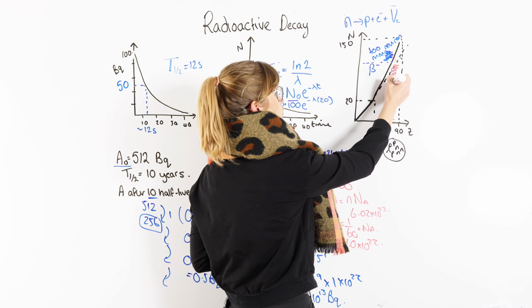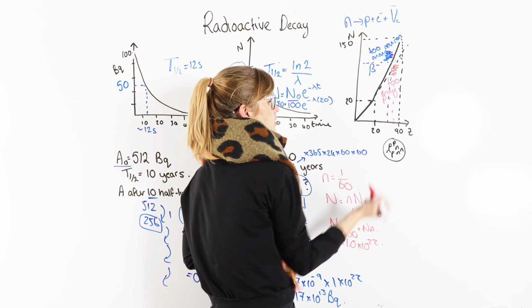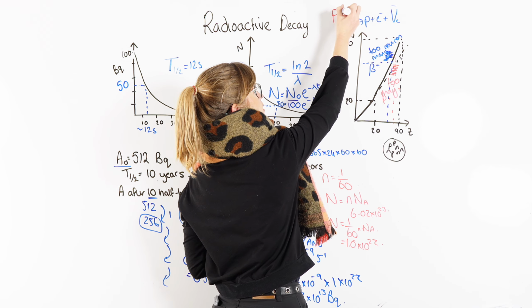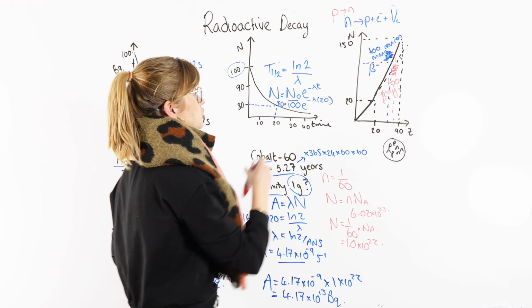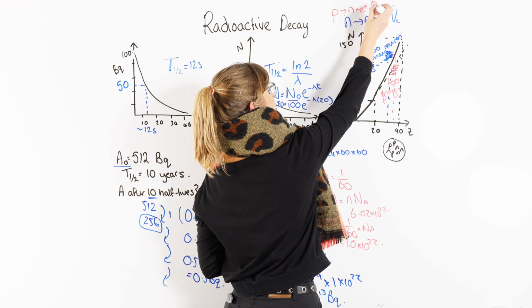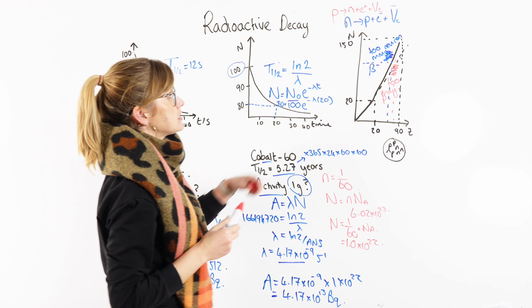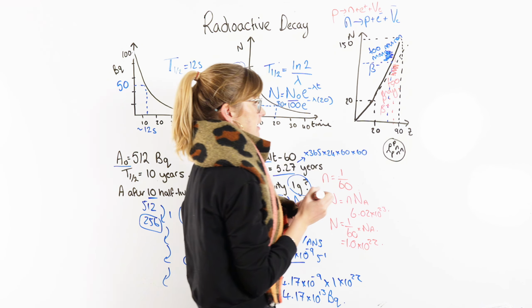So we have to think what type of decay happens if we've got too many protons. Hopefully you're thinking that one of my protons is going to change into a neutron. To conserve charge, we're going to have a positron, and to conserve lepton number, we're going to have a neutrino emitted. Because a positron is emitted, we know there are too many protons, and that's going to be beta plus decay.